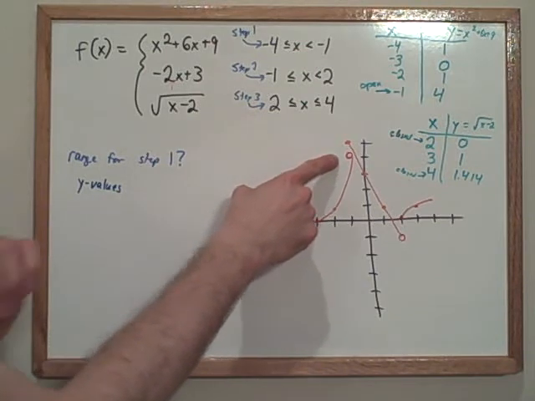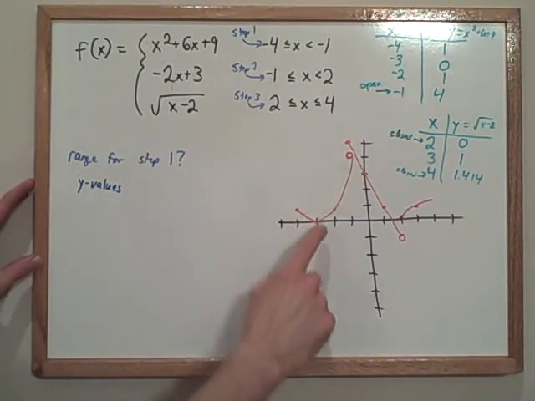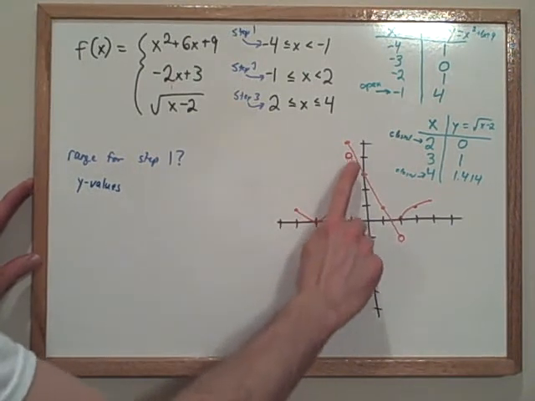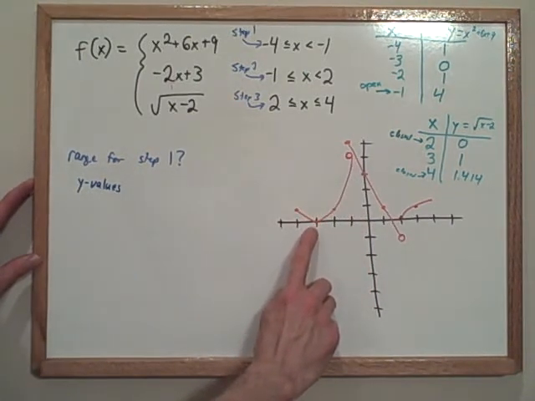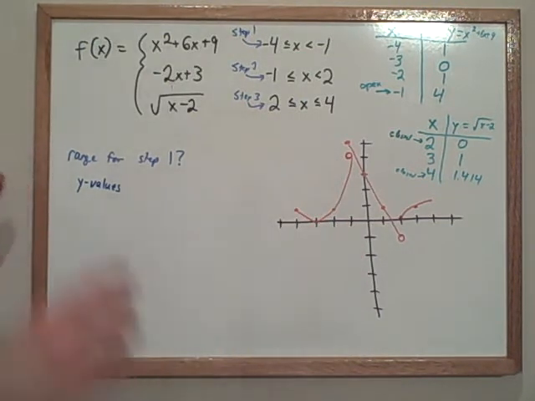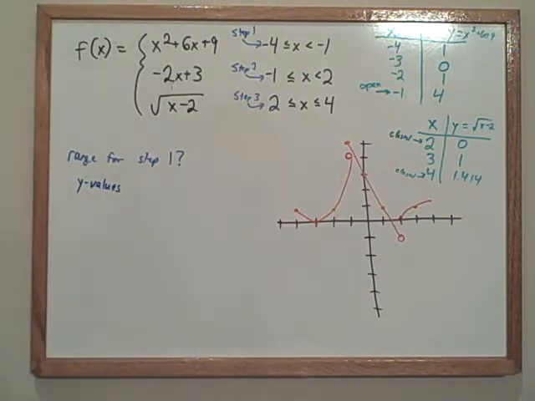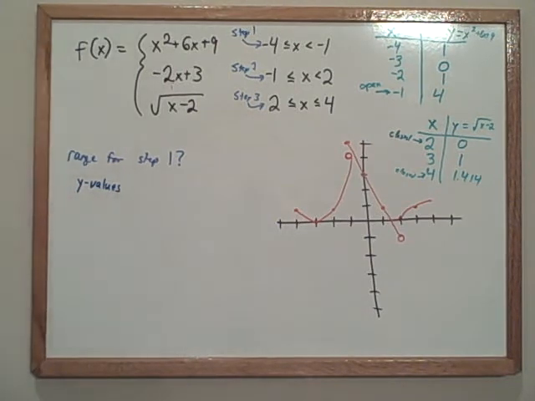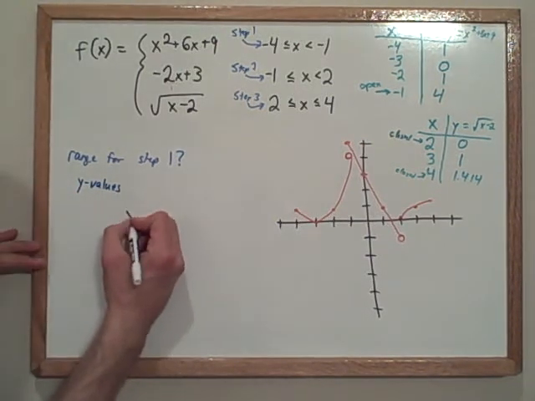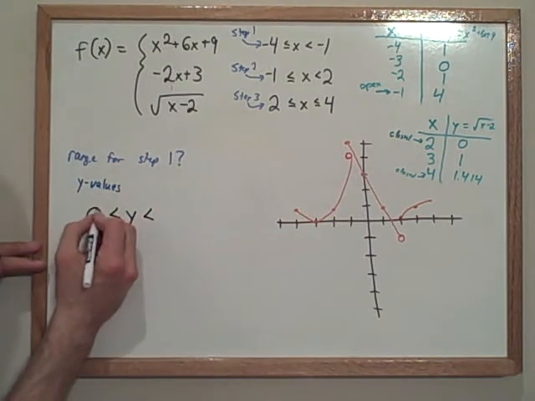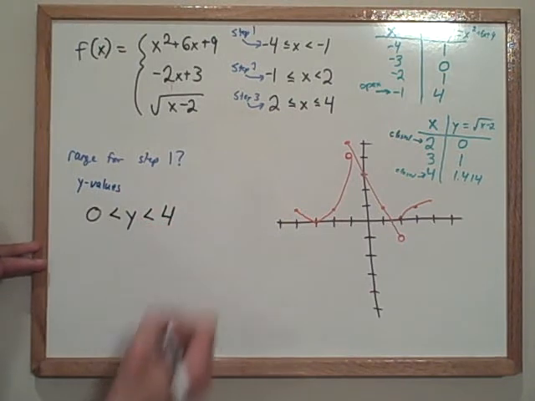It's an open circle. The minimum y value represented with this piece of the graph, looks like a fish hook. The minimum y value is 0. The maximum y value is almost 4. We're going to write it like this. The range for step 1 is going to be all of the y values in between 0 and 4.